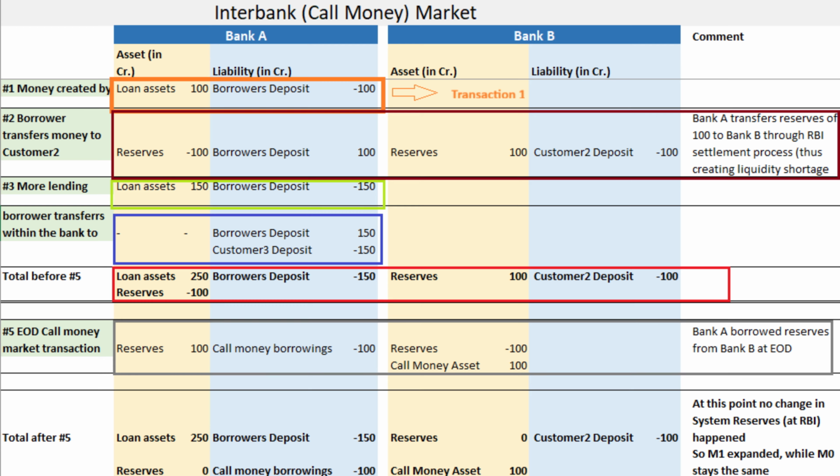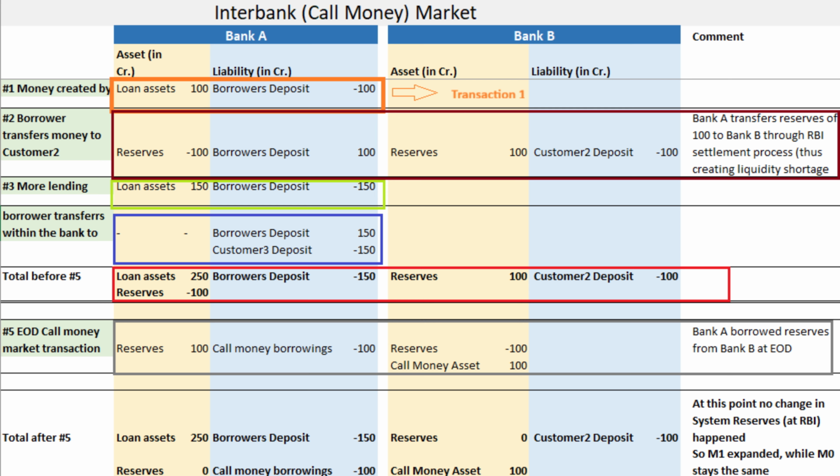Hence, Bank A would borrow those excess reserves from Bank B in the interbank call money market. It's also important to note that this is only a short-term transaction to meet a short-term liquidity requirement. The banks will need to eventually calibrate their assets and liabilities to fix the asset-liability mismatch.